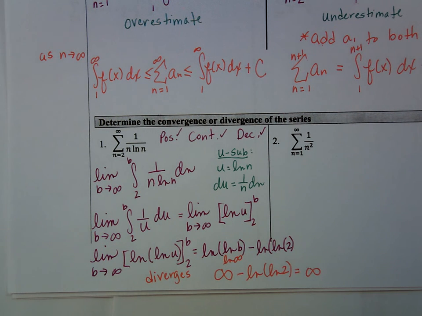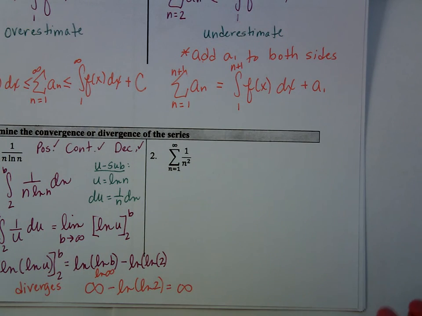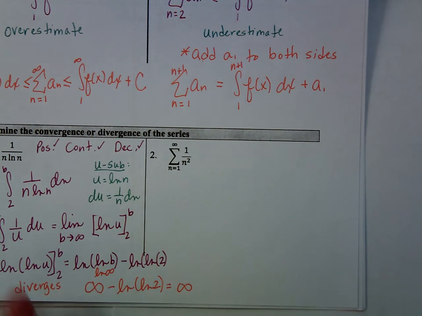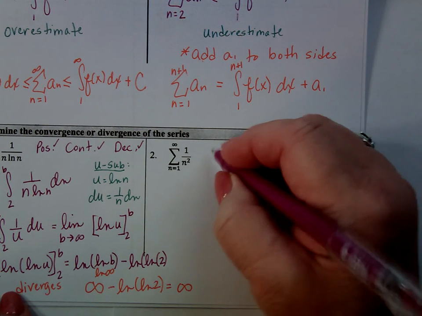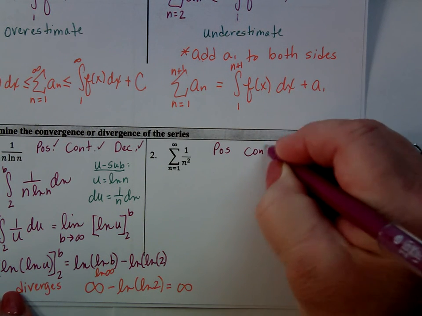All right, try another. This one is actually a p-series, would be the easiest way to do this, but you don't know the p-series yet. That's in the next section. So since we know only a little bit, let's check it out with the integral test. So again, I want to check, is it positive? Is it continuous? And is it decreasing?